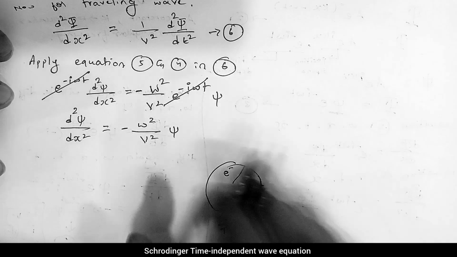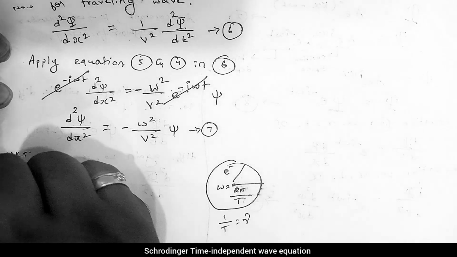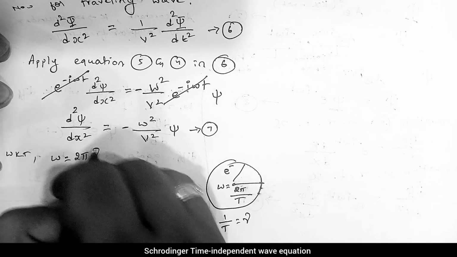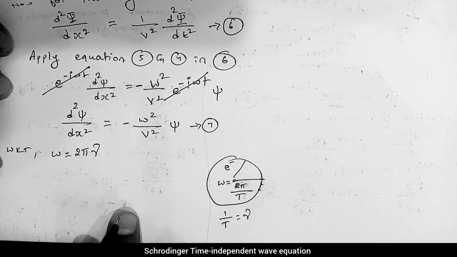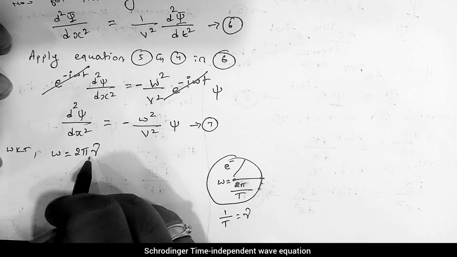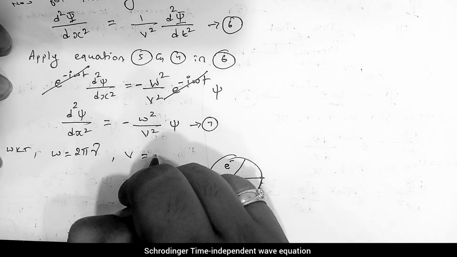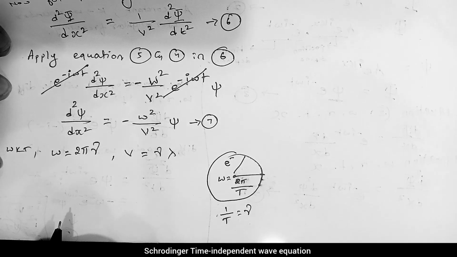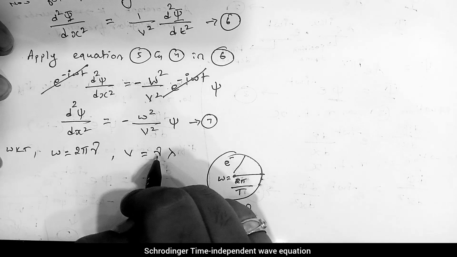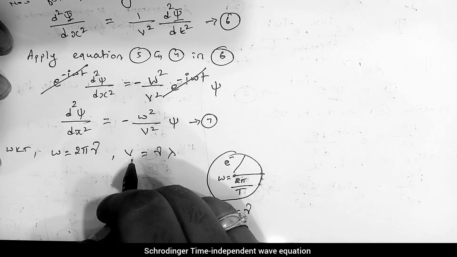I will take it as equation number 7, and we know that angular frequency is always given by 2 pi mu. Since the electron is in circular motion, angular frequency is given by 2 pi mu, and the velocity is given by mu into lambda, the fundamental. So multiplication of wavelength with the frequency will always give us the velocity for any wave.